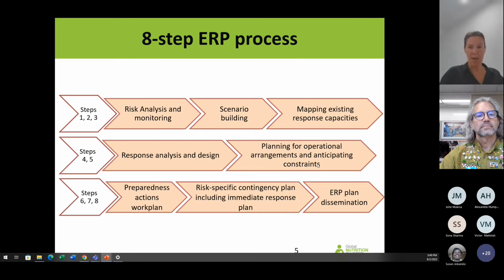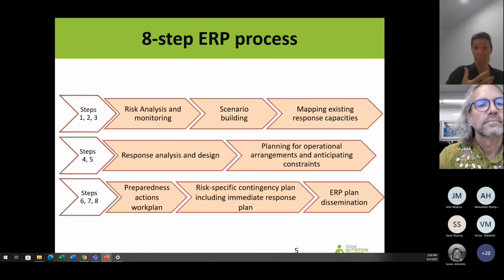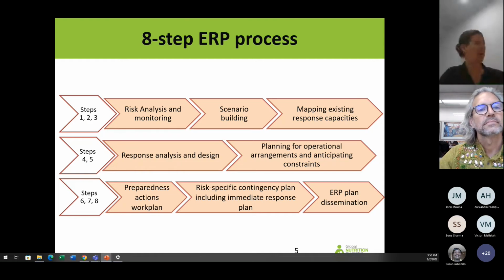The fifth step is about planning all the operational arrangements that you need to have in place to be able to respond during this initial phase, and start anticipating all the possible bottlenecks and constraints you may face, so that we mitigate them in advance.